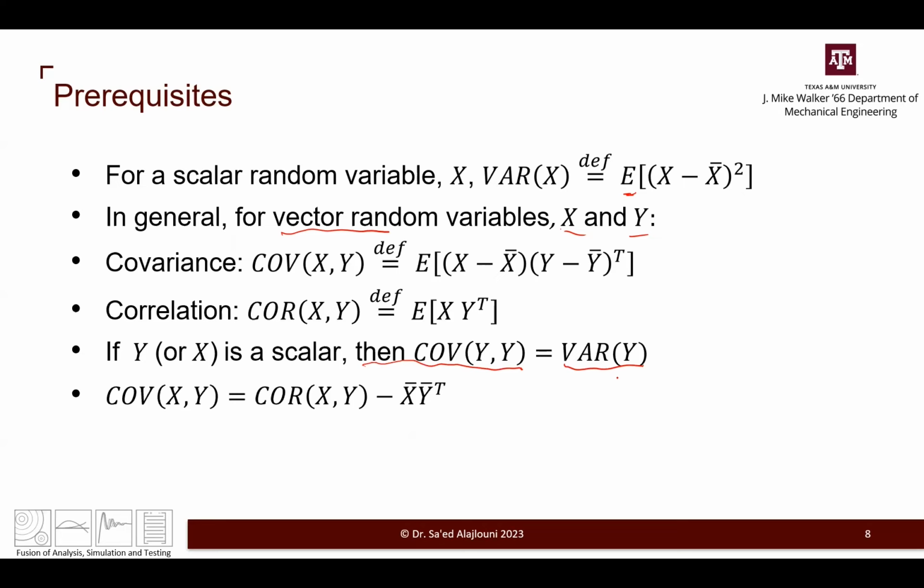A random process is that maybe you have a random vector, but now you get not one vector, you get a bunch of these vectors or samples with time. So that's called a random process.